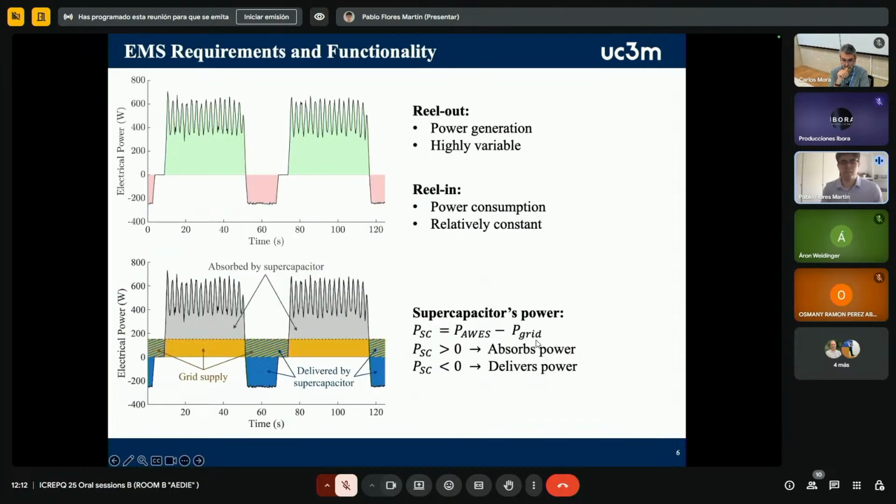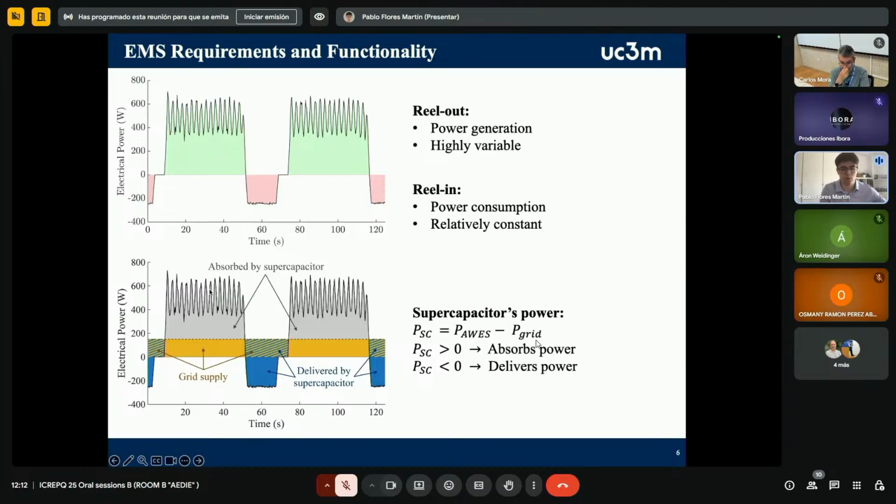Okay, so now let's look at how the supercapacitor smooths out the power profile to enable a constant power delivery to the grid. The top image shows a simplified version of the previously shown power cycle. In green is the reel out, and in red is the reel in.